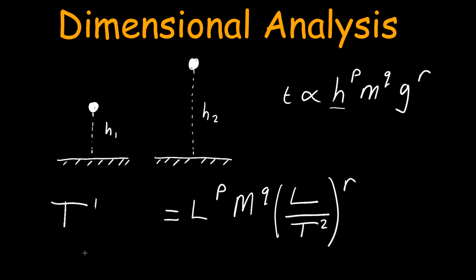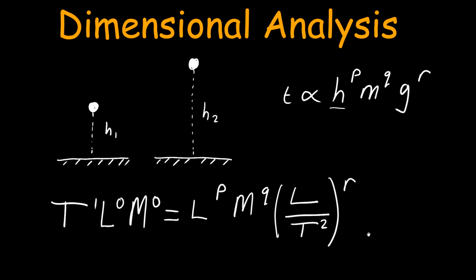And on the left-hand side, I can include the dimensions that we have here to their respective power. Because we've only got time on the left-hand side of the equation, we have 0 length and 0 mass, or mass to the power of 0.